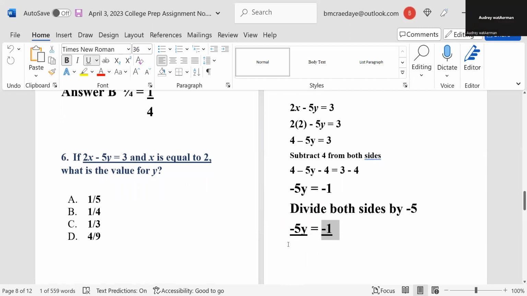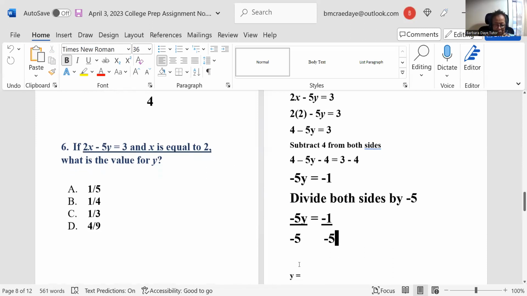So you'd have -5 on the left, -5, and on the right you have -5. On the left we just have y left, right? And so what's the answer, Audrey?